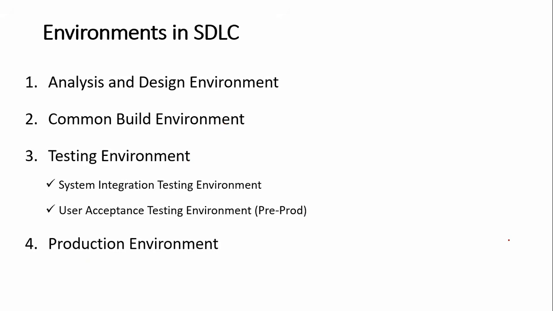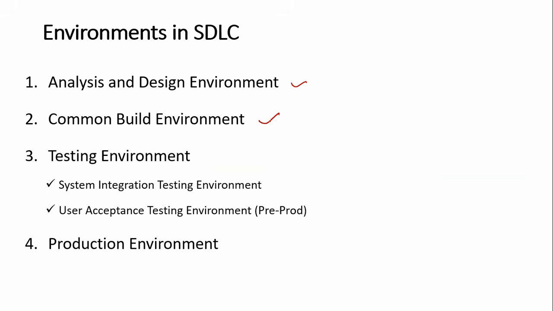So this is what happens in the software development lifecycle, a traditional model, the waterfall model. So here, as I said, these are the many environments actually available. Analyzing and the design itself, they will have one environment, and the common build environment.